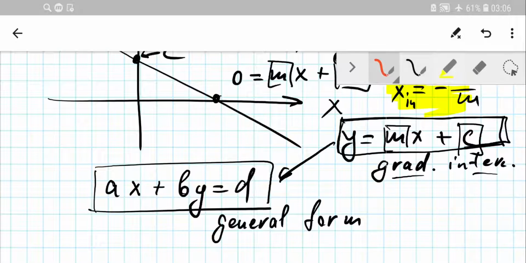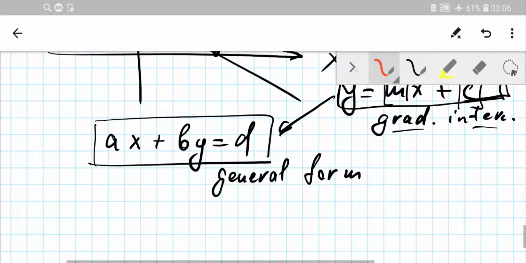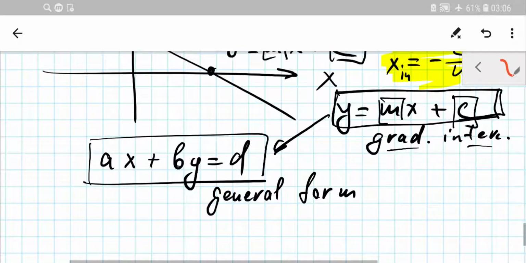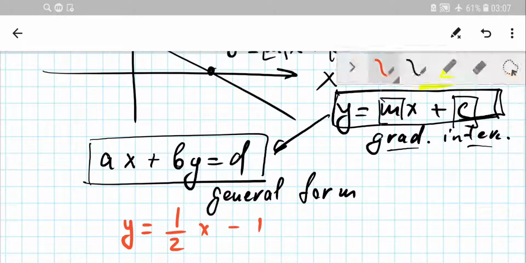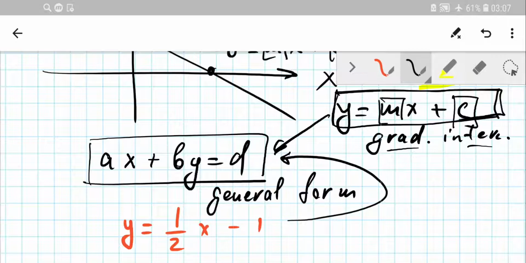So I'll tell you the last thing about straight lines: how to convert it. For example, you have the following equation: y equals, let's say, 1 over 2 x minus 1. How do we arrive at this general form? You just need to align all terms in this manner.